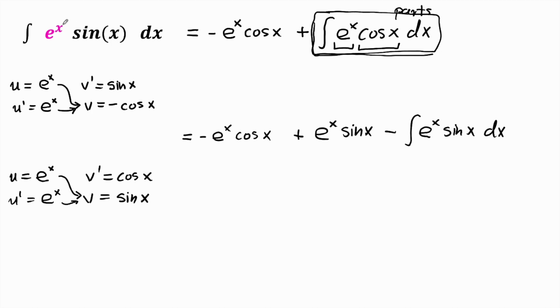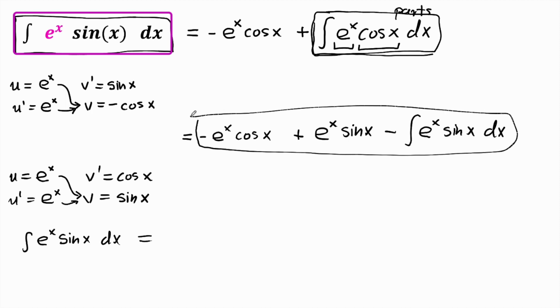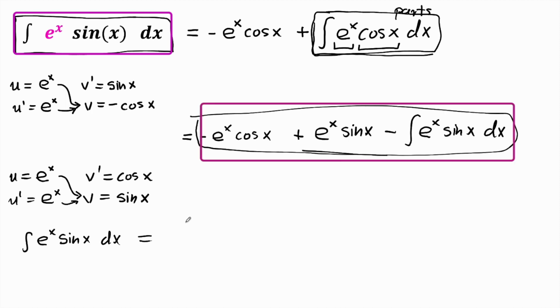So now we have that the initially given integral, this one, is, so let's write this again. So this integral was e to the x times sine x dx. This integral is equal to, well, this is the right hand side of our equation, so let's write this down again. And this is equal to e to the x.